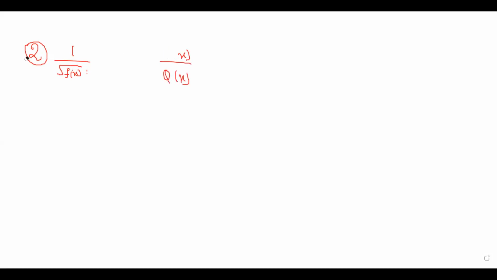This is p(x), this is q(x). Sufyan, can you tell me, is it p(x) not equal to 0 or q(x) not equal to 0? q(x) is not equal to 0. For example, if you take 1 minus x, it means 1 minus x not equal to 0, so x is not equal to 1. When you write the domain of this function, you will write any real number except 1. This is the domain for this function.